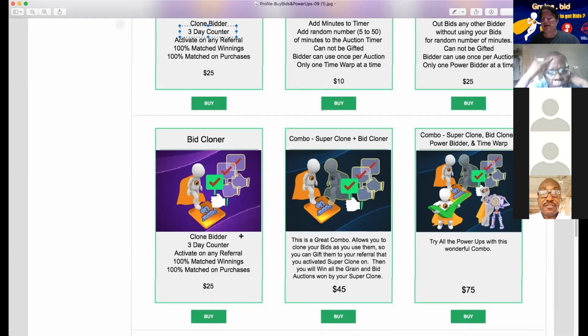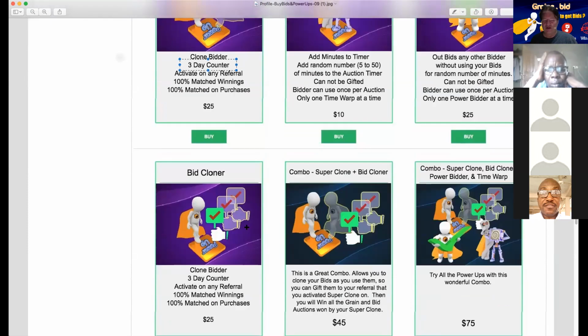You can gift them to any of your direct referrals. So this way, if you clone them and you've given them gifted bids, that means they can win auctions and you also win from the bids that you already used.